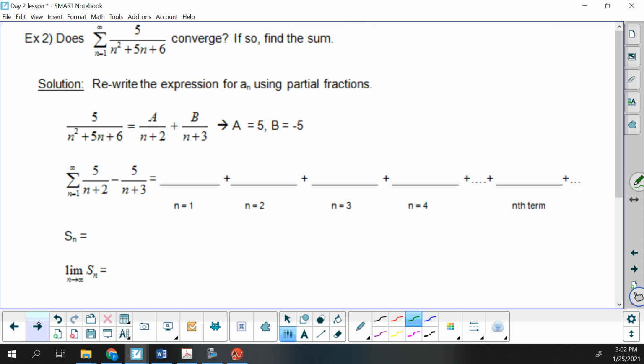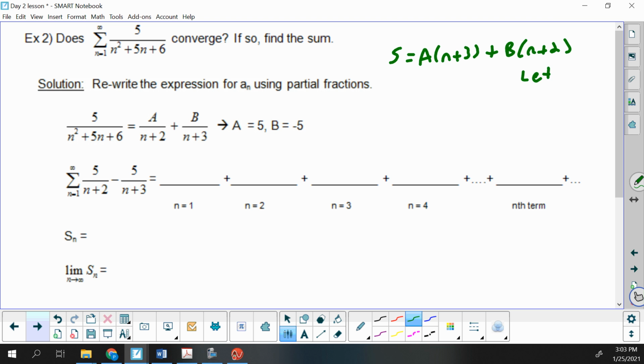So let's look at another one. Here it's not given to us as fractions, but we could do partial fractions to get that. So notice the bottom factors into n plus 2 and n plus 3. If we multiplied everything by the denominator, we would get 5 equals A times n plus 3 plus B times n plus 2.